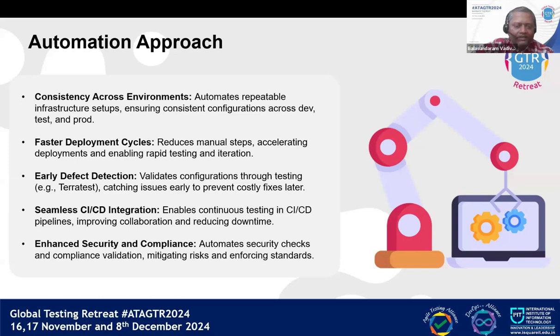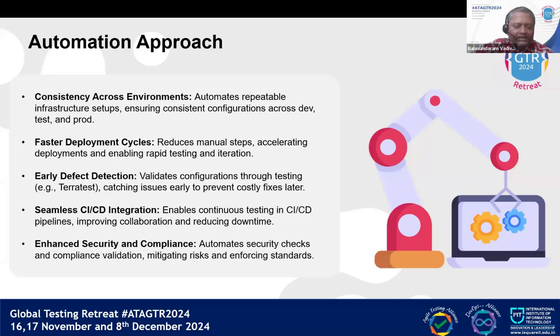After that, a faster development cycle. In the traditional approach we follow manual steps, but in the automated way we enable the CI/CD process and other things for rapid testing and iteration. And the next one is early defect detection. While we deploy the infrastructure on the cloud, we automatically do static testing.